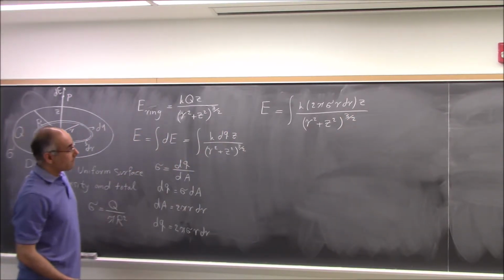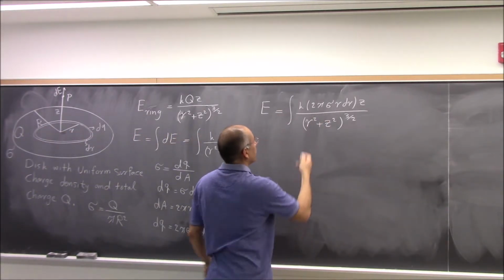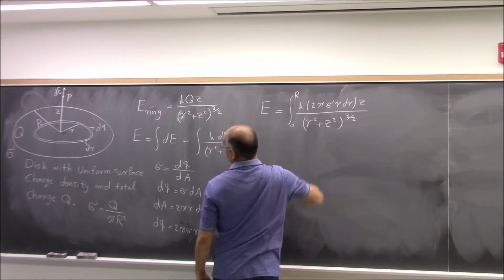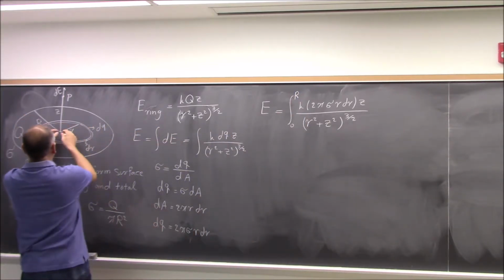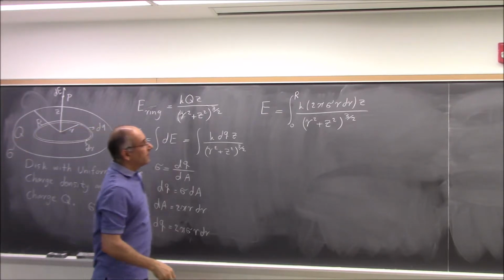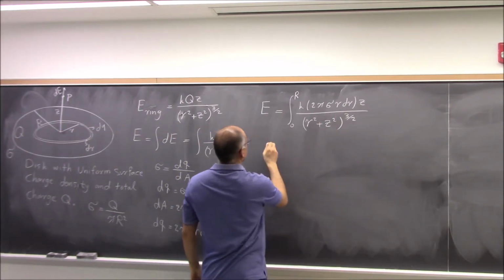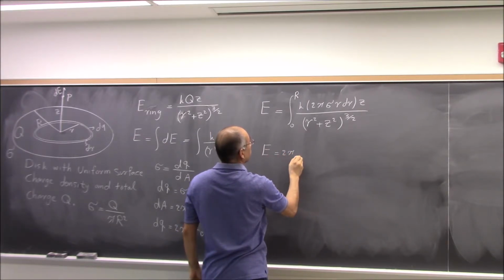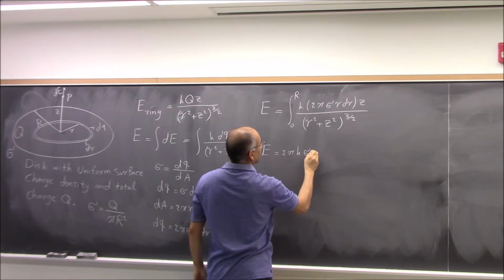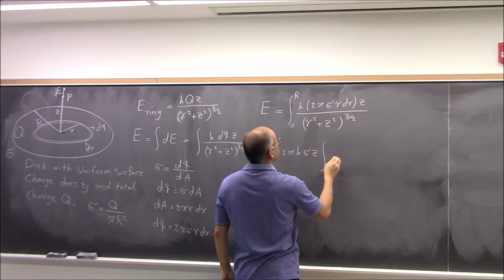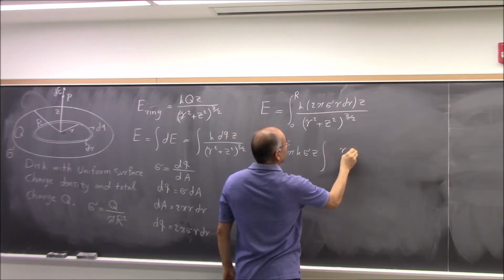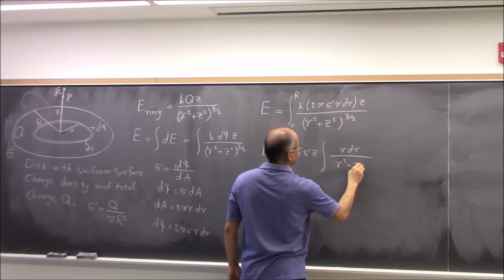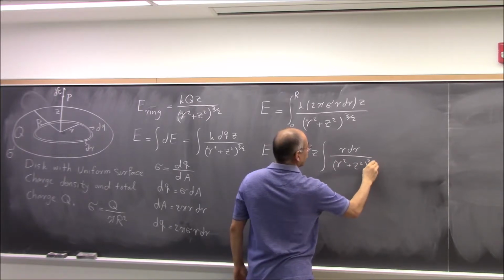And all the constants can come out. r, which is the variable, goes from 0 to the radius of the disk. From here, we add the contribution of all of these rings. And let's say E equals 2 pi k sigma z times the integral of r dr divided by r squared plus z squared to the 3/2.